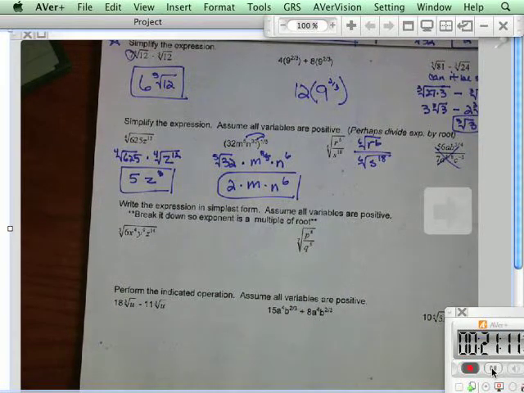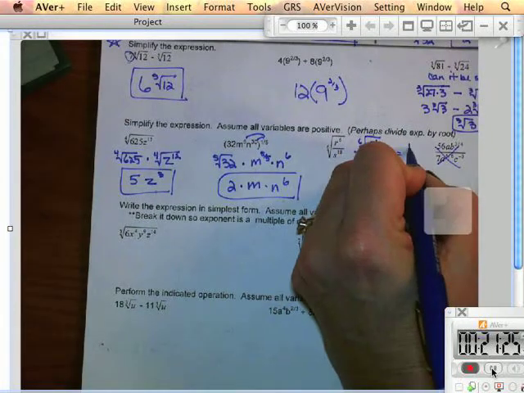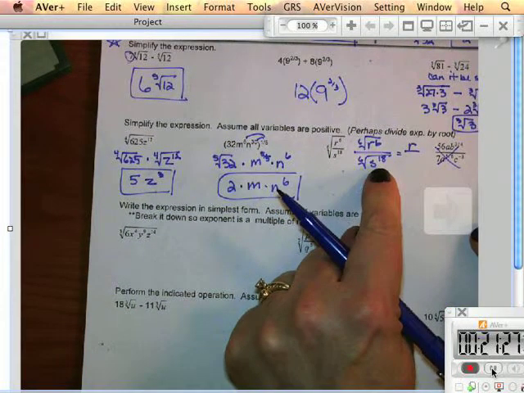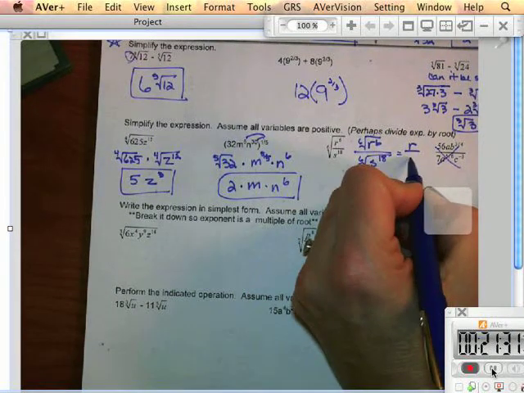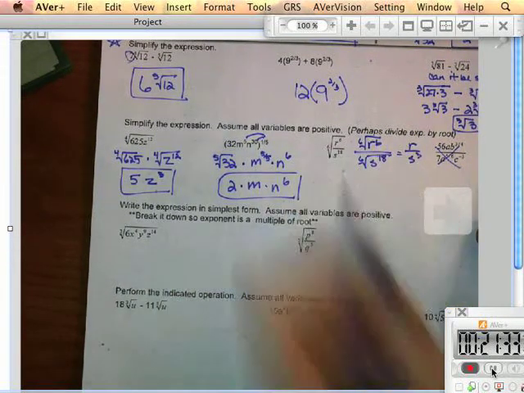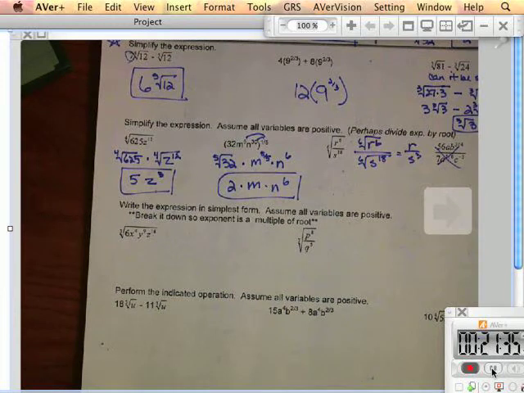X. What's the cube root of x cubed? X. What's the 6th root of r to the 6? R. Okay, r over s. There are 3 groups of 6 s's. So it'd be r over s cubed, 18 divided by 6. That's your answer for that one.